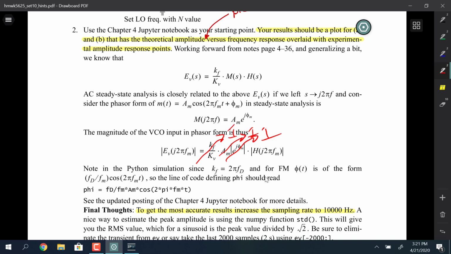So you end up with, like I was saying before, just h of j 2 pi f. In other words, h of s with s replaced by j 2 pi f. So you're going to be sweeping out the phase response, the magnitude response of the closed loop transfer function.